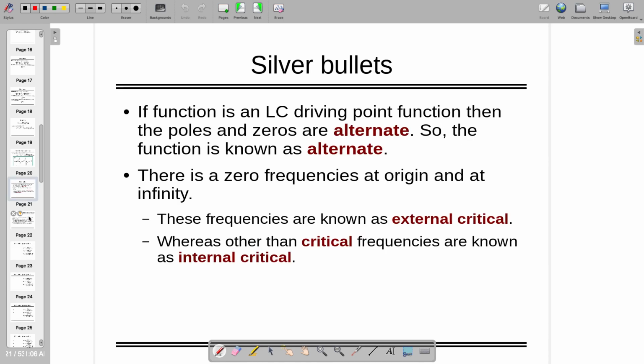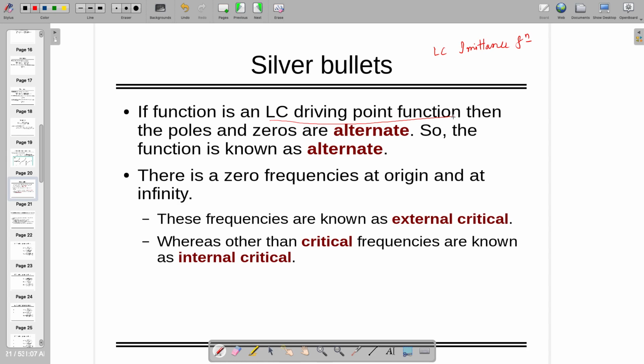Now, summarizing what we have done in the LC admittance function. If the function is an LC driving point function, the same thing can be made using RLC also, if you can find resistance in the transfer function.